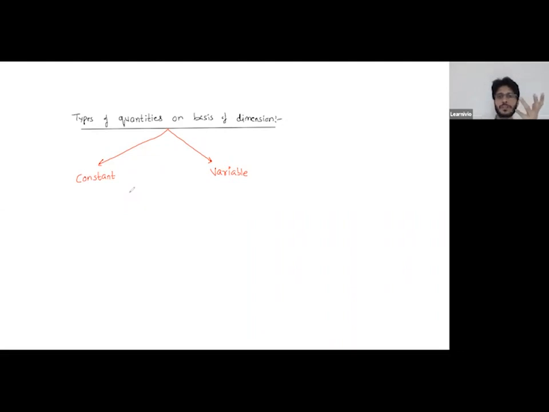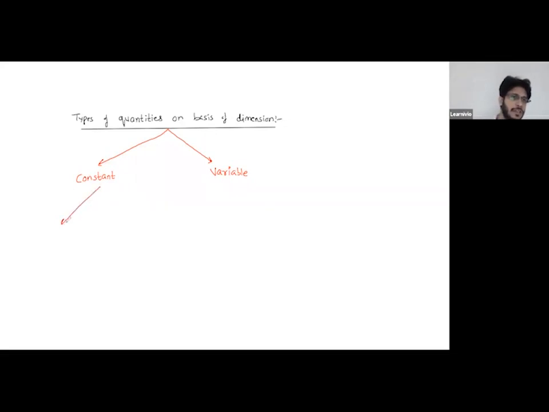Speed of light is a constant quantity. Velocity is a variable, it can have any value, but speed of light is a constant quantity. So it could be constant or it could be variable.